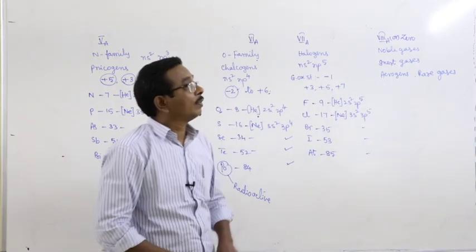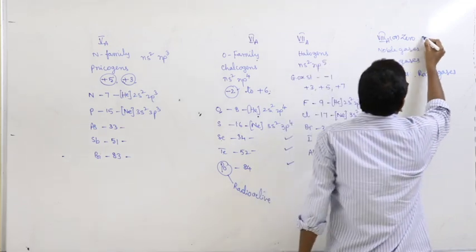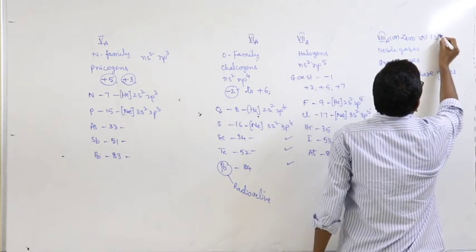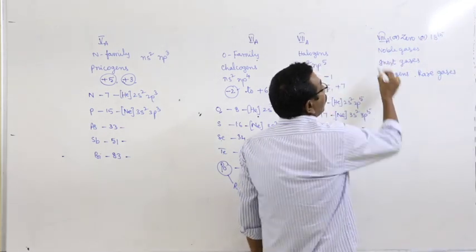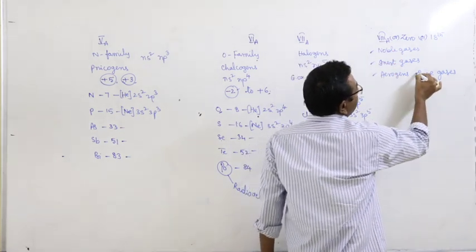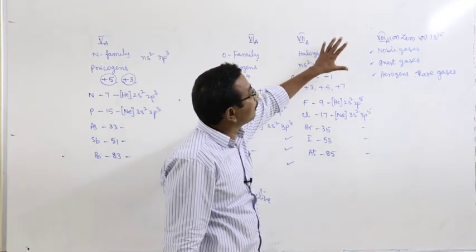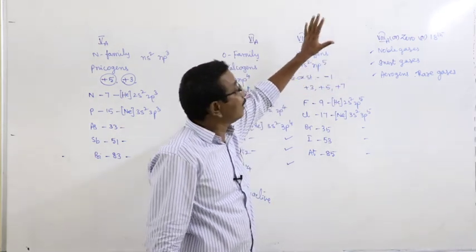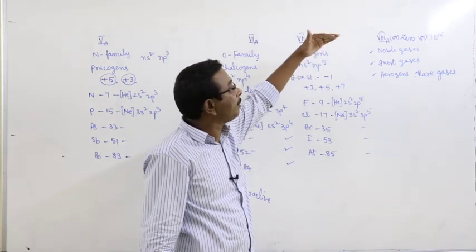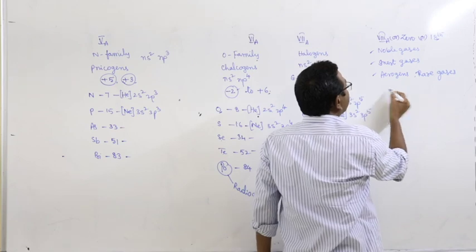Whatever it may be called, 8th group elements or 18th group elements are noble gases or inert gases or aerogens or rare gases. They are collectively represented as 0 group elements or 8th group elements, that is also known as 18th group elements.